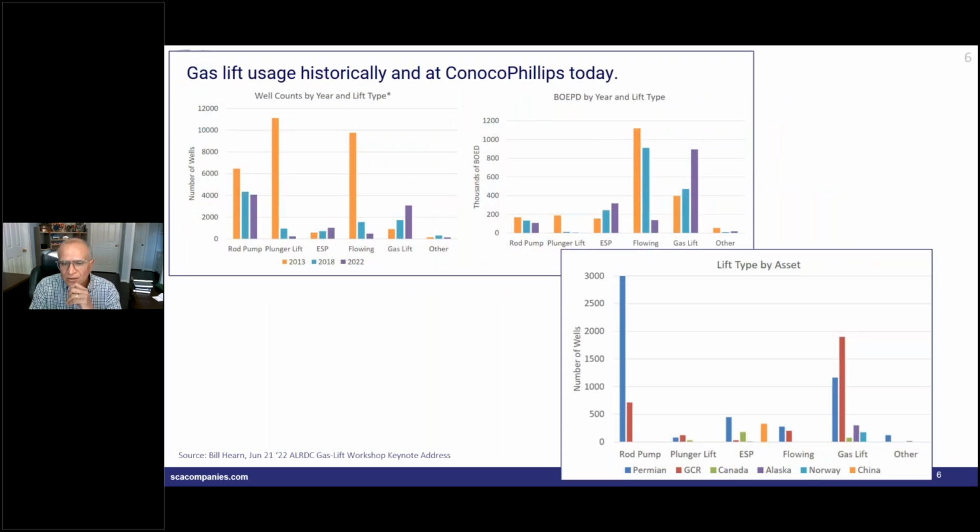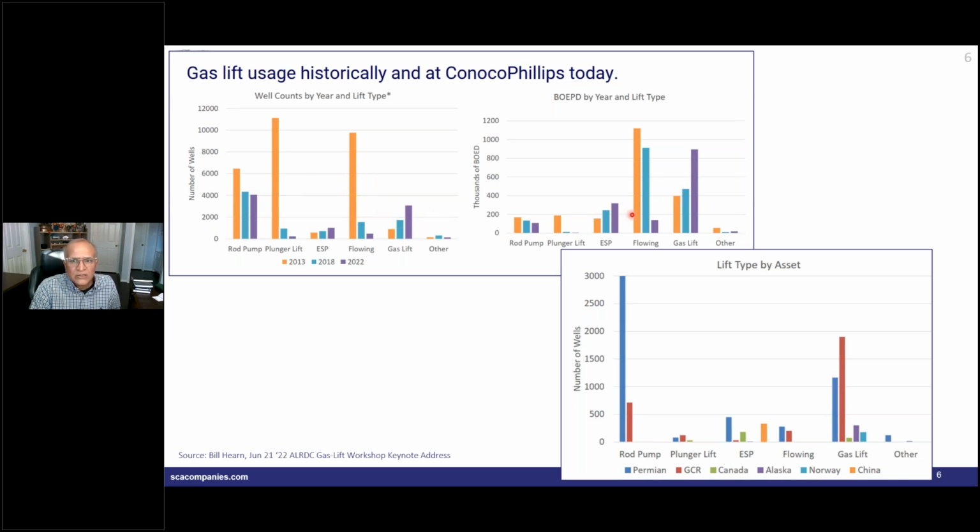With this, if we have to understand the importance of gas lift, with ESP, these are the two high volume lift methods. And here I have taken an example from ConocoPhillips, one of the keynote addresses in the Artificial Lift Research and Development Council. What we are seeing here is that in terms of well counts, year by year, from 2013 through 2022, the gas lift count is steadily increasing, even though the plunger lift and rod pump, as well as the flowing well counts, are substantially higher for this particular operator, ConocoPhillips.